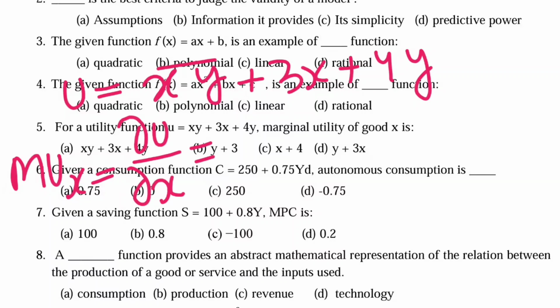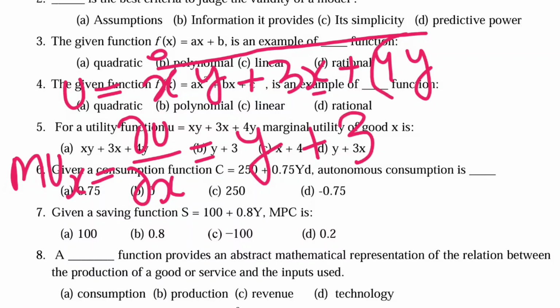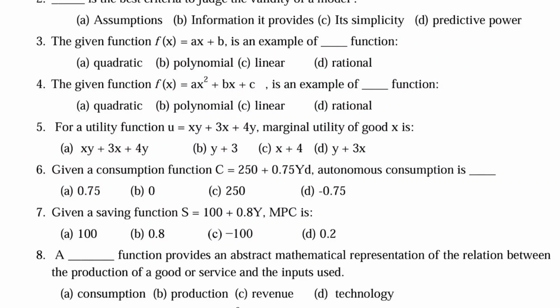That is the partial derivative of this function with respect to x. Derivative of x in the first term is 1, so we are left with y, plus derivative of x in the second term is 1, so we are left with 3, and derivative of the last term is 0 because we are taking partials with respect to x. So y plus 3 will be the marginal utility of good x. Let us see if there is an option. Yes, we have y plus 3.